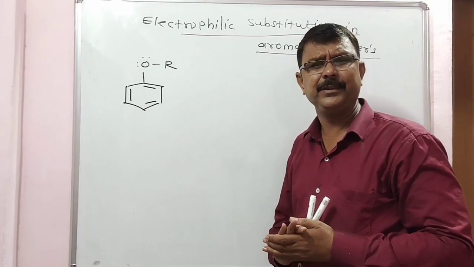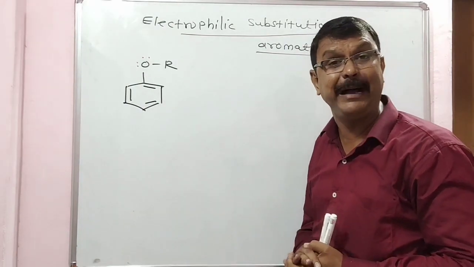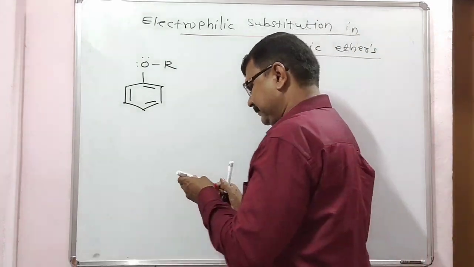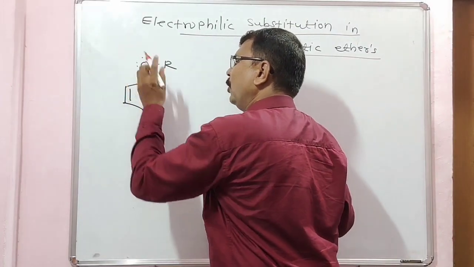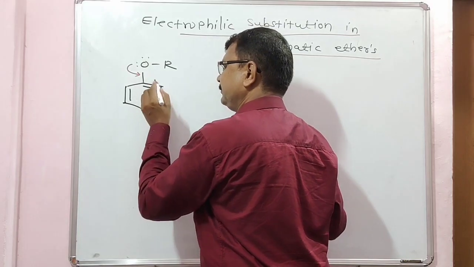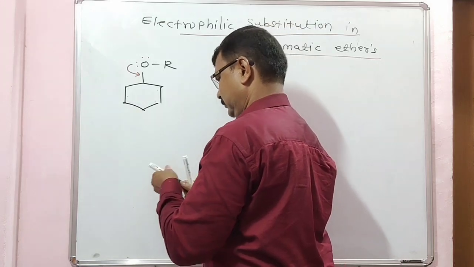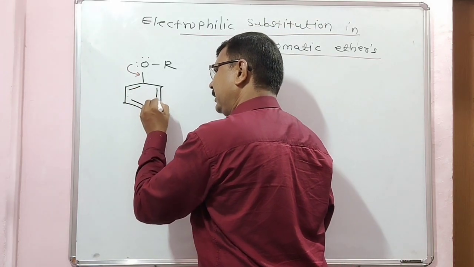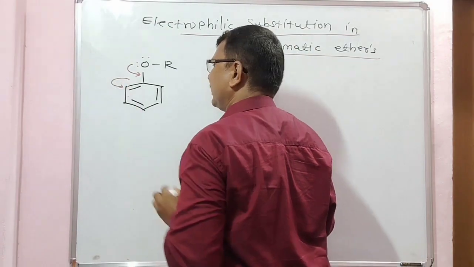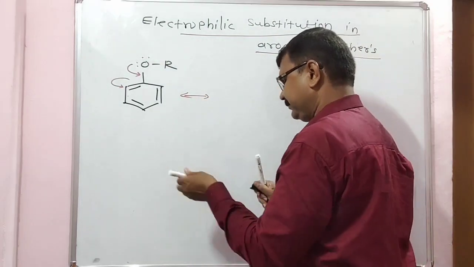Electrophilic substitution in aromatic ether is explained by its resonance structures. In the first structure, a lone pair of electrons from oxygen migrates into the ring. Double bonds shift, giving the next structure.